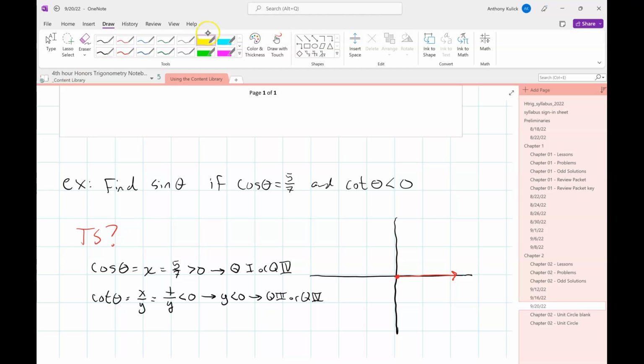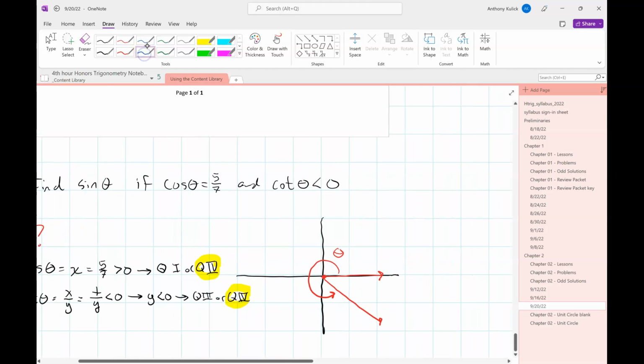So what quadrant does my terminal side have to be in? Quadrant 4. So that's got to be the angle theta that I'm talking about, or at least coterminal to that one, right? Everybody happy so far?